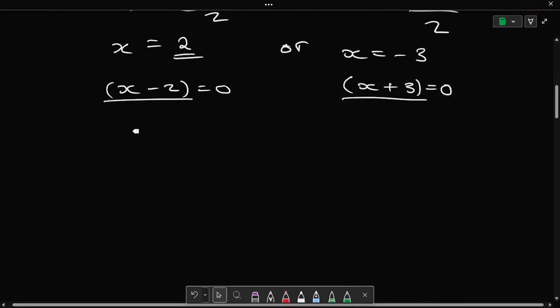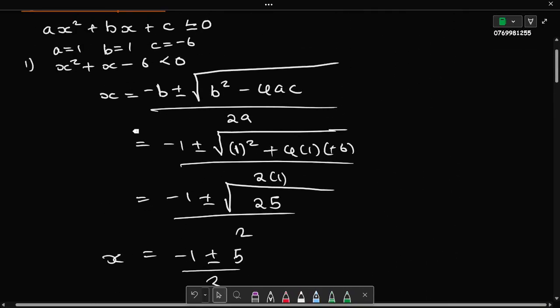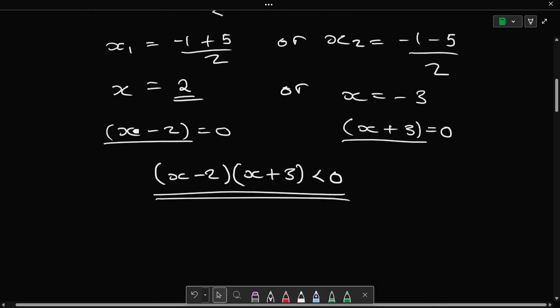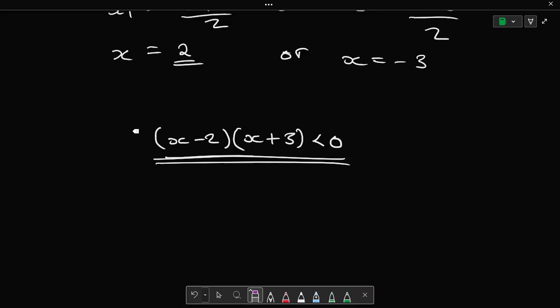So what we're going to get will be x minus 2 times x plus 3 is less than 0. So that quadratic inequality that we had here, you can simplify it to this. This is what we're getting.